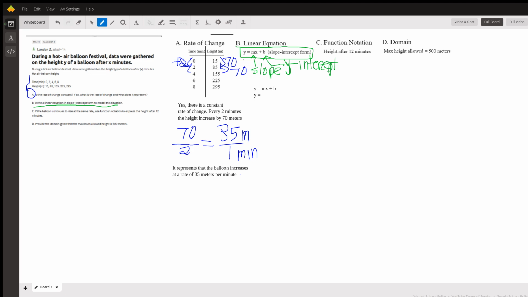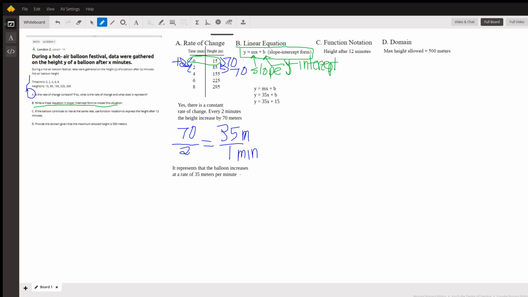So we have 35 over 1, or simply 35x plus b. Now we need to find the y-intercept, and we can actually see this from the table. I'll write the answer out and explain how I got that. It's going to be plus 15. Your y-intercept is always your starting point at 0. If we look at our table, at 0, my starting height is 15 meters.